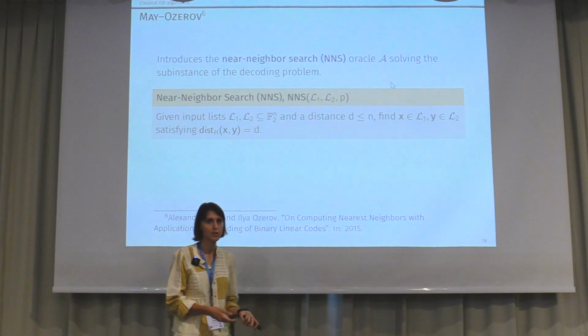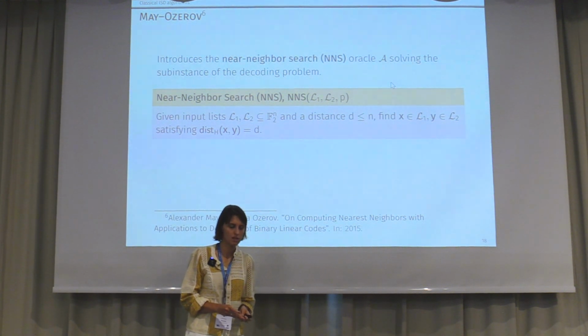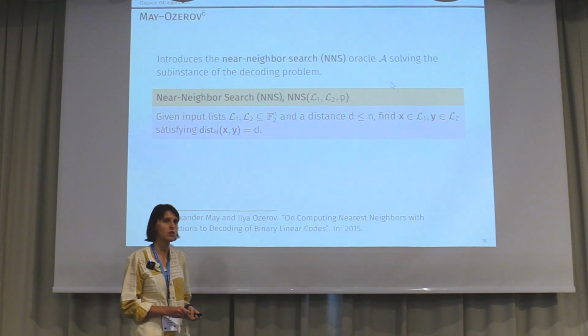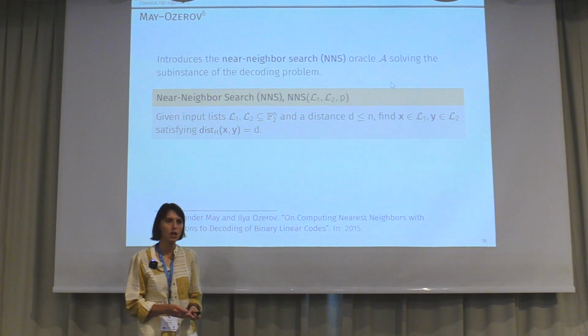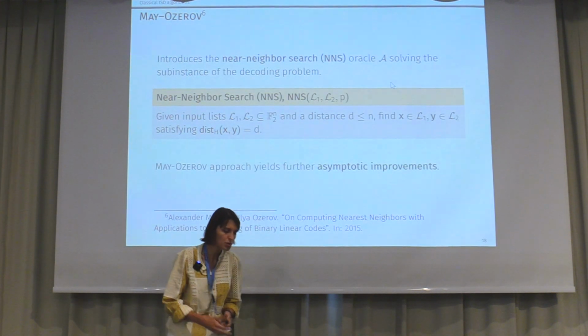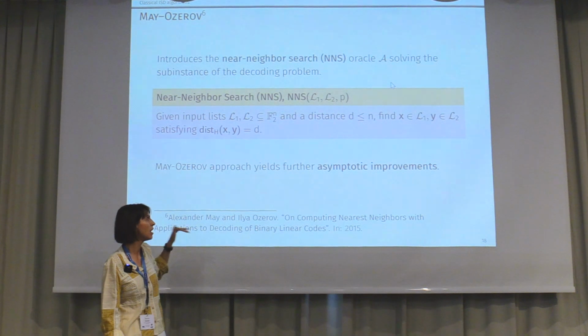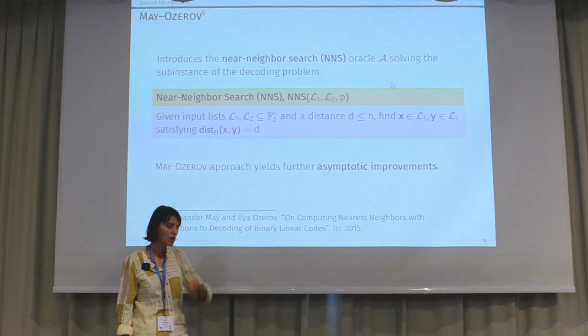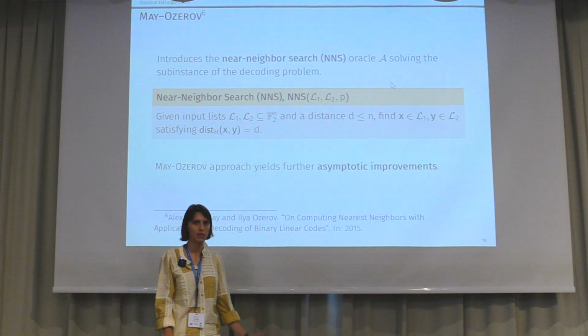There are different techniques to solve this type of problem. The one presented in May-Ozerov is not the very basic one, but it was not the most advanced one. This approach gave some asymptotic improvements, but yet it was not beating the BGMM approach that we had before.